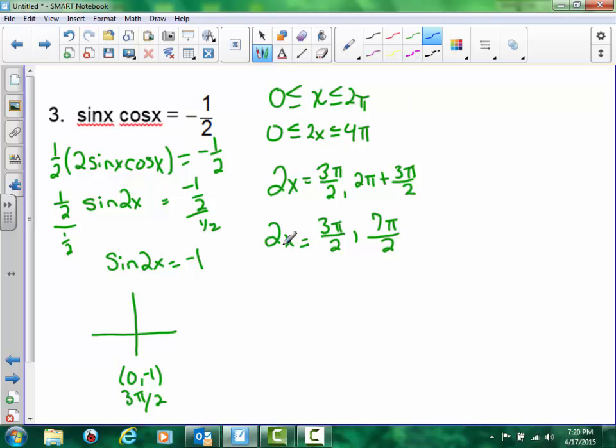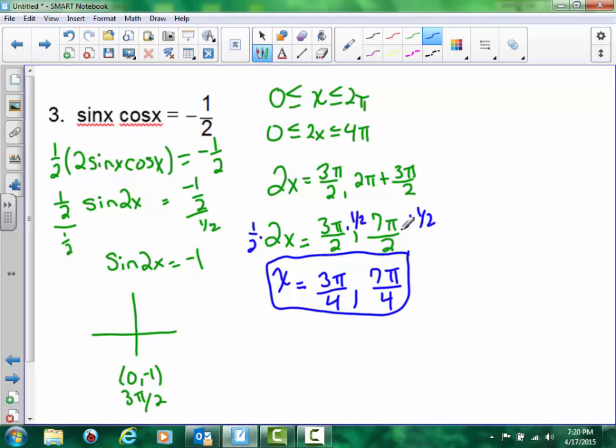Then if I divide everything by 2 or multiply times 1/2, which I would prefer, we get x equals 3 pi over 4 and 7 pi over 4.